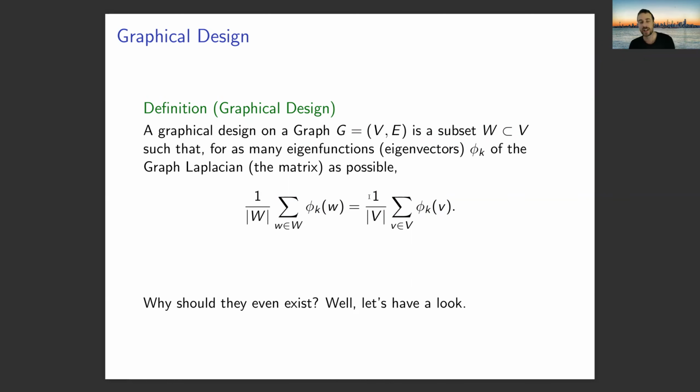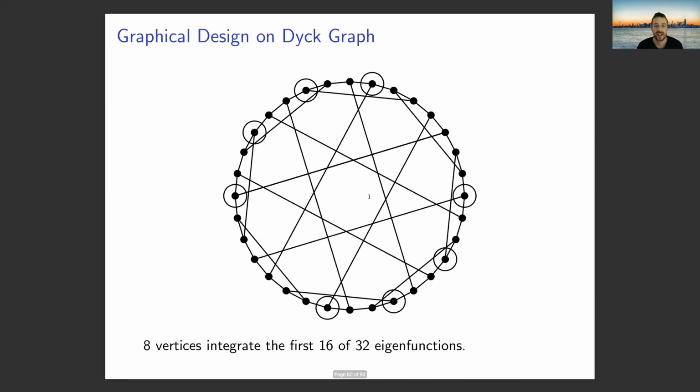So I had this definition and I started looking at examples. I'll just show you some nice graphs. What you see is your graphs, and every vertex that's circled is something in the graphical design. It turns out this is a graphical design of size 8. It has 32 vertices, so 32 eigenfunctions, and 16 are integrated exactly. And you see they're nicely spread throughout the graph.